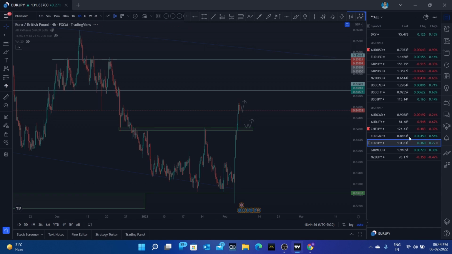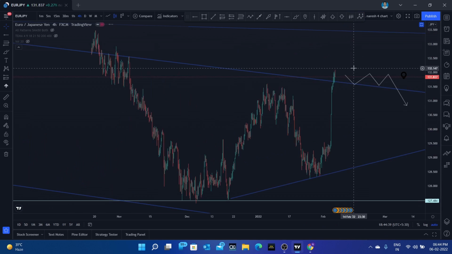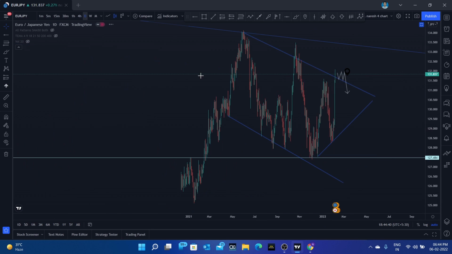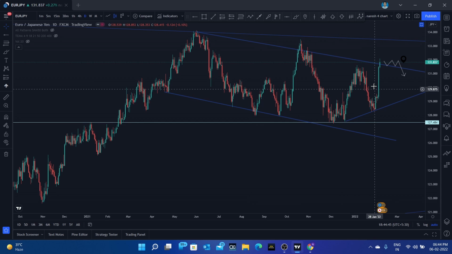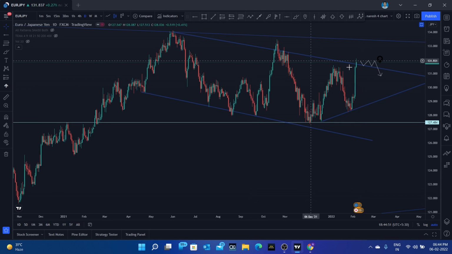And next we'll be going to EURJPY. In this EURJPY also we are in a bearish trend, but because of this news event, we had a very good pump last week. Again, it is in a major resistance area, or because of this trend line, I'm expecting some kind of consolidation and breaking up, or consolidation and breaking down.